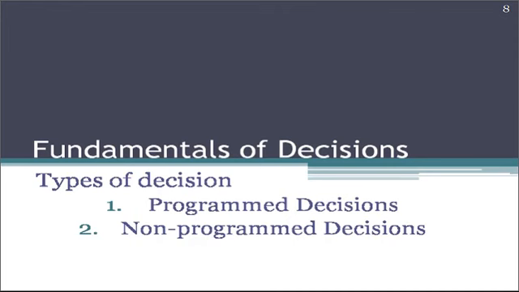Now, let us understand the different types of decisions: programmed decisions and non-programmed decisions. Just like in computer programming, suppose you have written a program for arithmetic operation and executed it. According to the input given and the particular operation selected, your program gives the result.